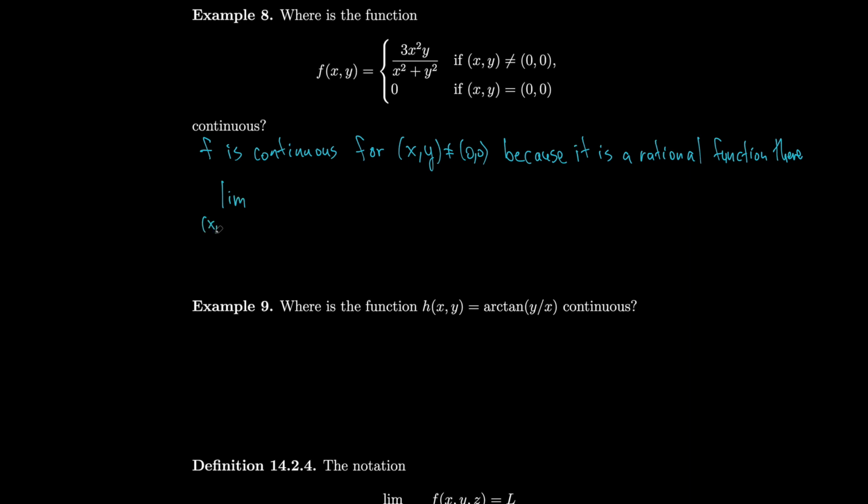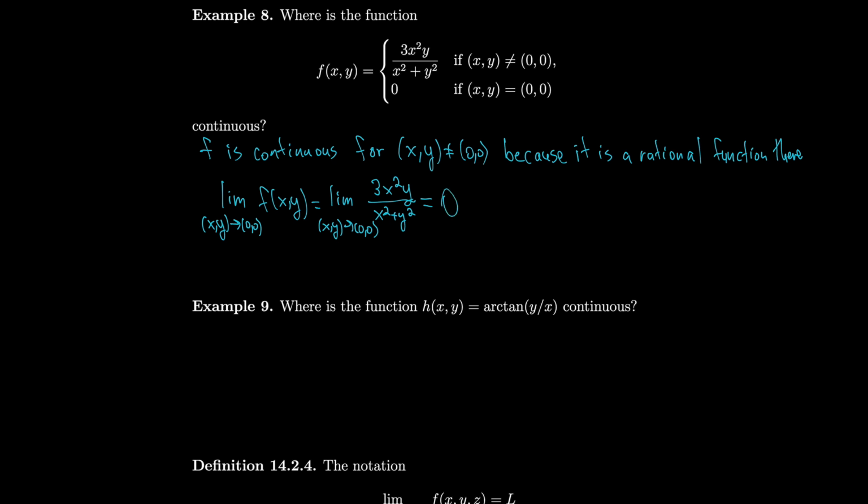Well, we're looking at the limit as (x,y) approaches (0,0) of f of x,y, and that's the limit of this thing, 3x squared y over x squared plus y squared. And hopefully that looks pretty familiar because we just spent all this time showing this limit exists and is equal to 0.